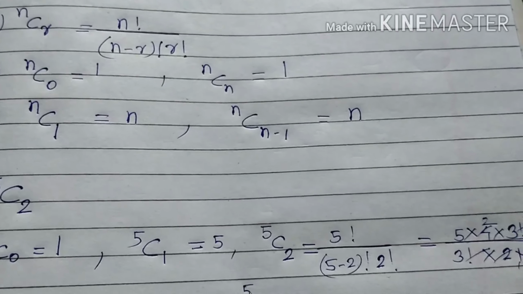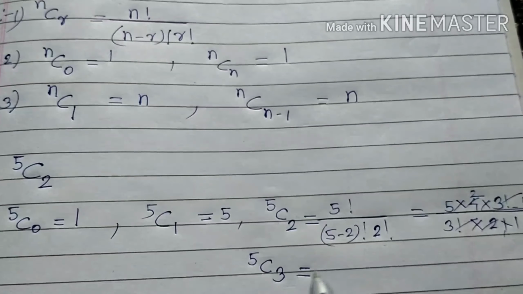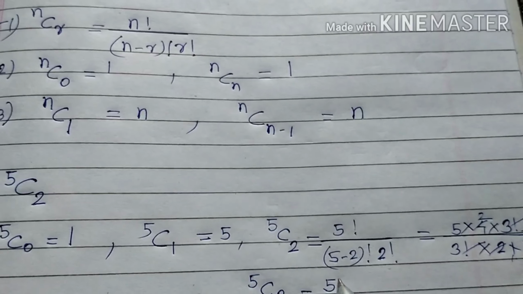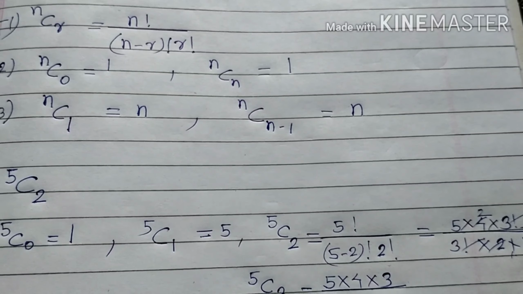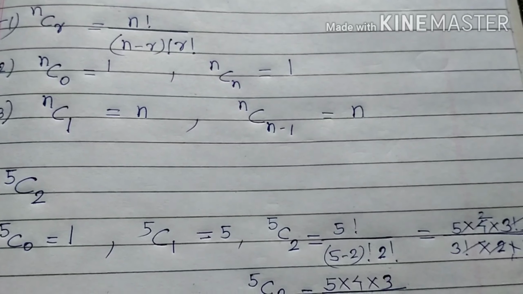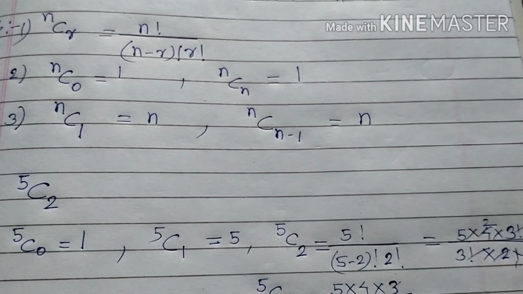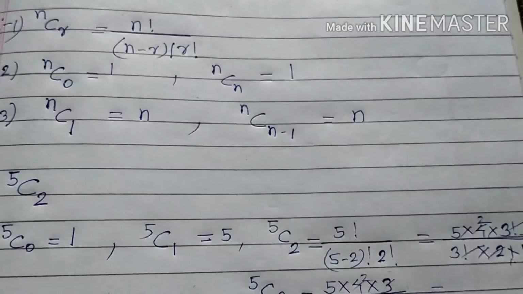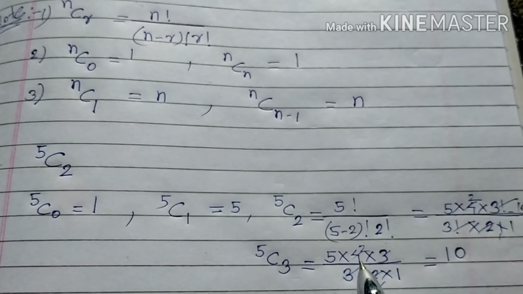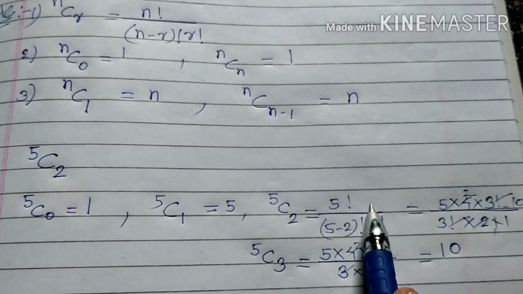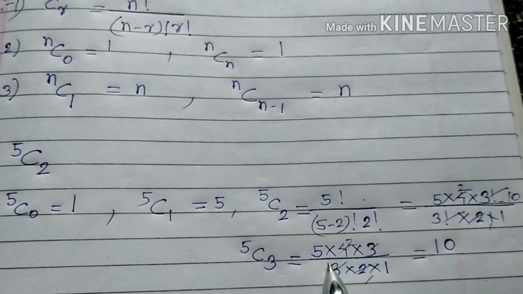Next 5C3. So you can write 5 into 4 into 3, and here 3 into 2 into 1. So 3 gets cancelled, and 2, which is also equal to 10. So you can use the formula, or also you can find it like that.